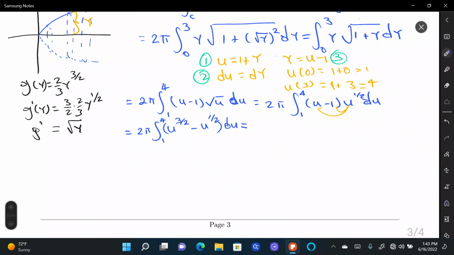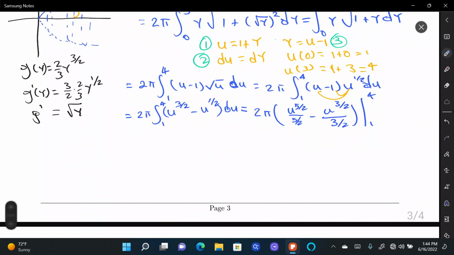In this case, you don't have to split these into two separate integrals. Just integrate. So 2 pi, the integral is u to the 5/2 divided by 5/2, minus u to the 3/2 over 3/2, evaluated from 1 to 4. Before using the fundamental theorem of calculus, let's clean the mess a little bit.